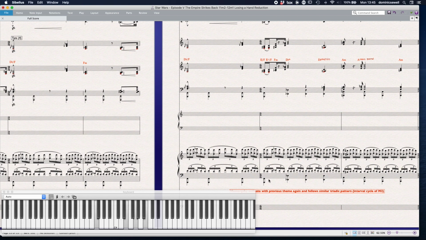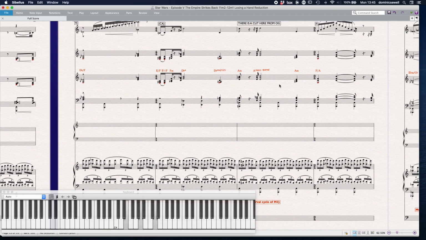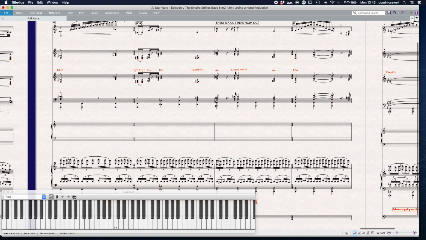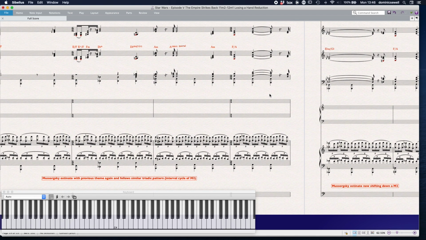So we got this D flat major 7th, and we got these sort of little quartal chords, which is a rather remarkable chord progression, I think, there. So we've got this F here, which is going here, which is wonderful.